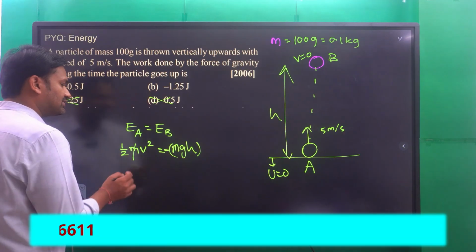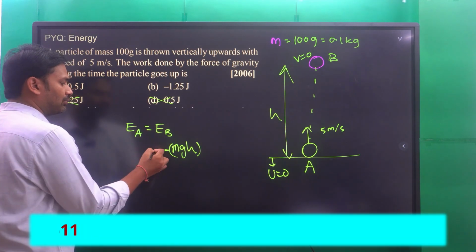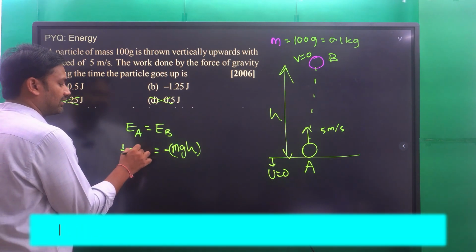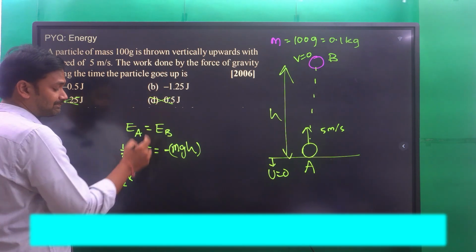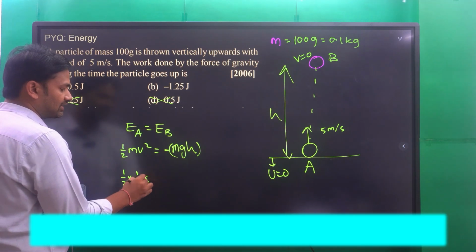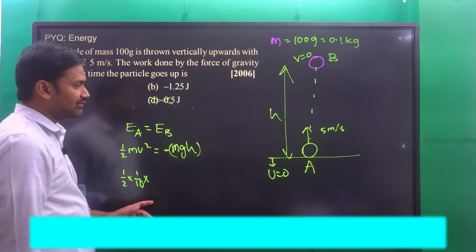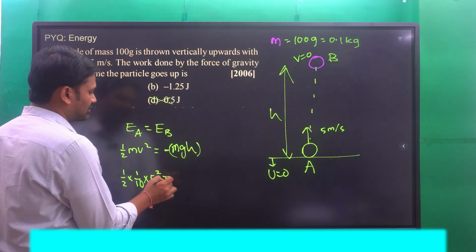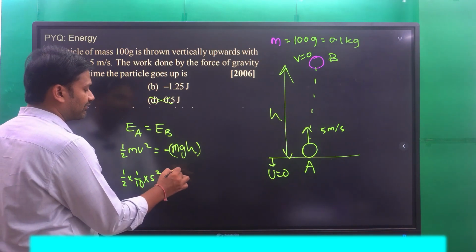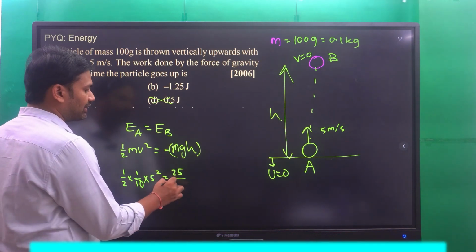Clear? Right. Now let us see that. Directly put the values, half mv square. You will get half into mass is 0.1 kg. We can write 1 by 10 kg into v square. What is v square? 5 square. That is 5 square into 1 into 1, 25 by 2 into 10 is 20.